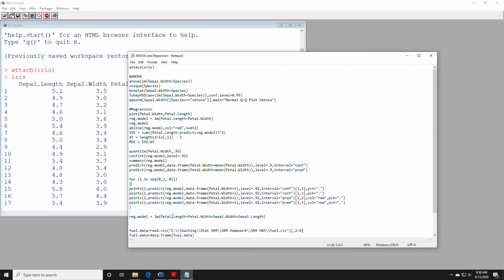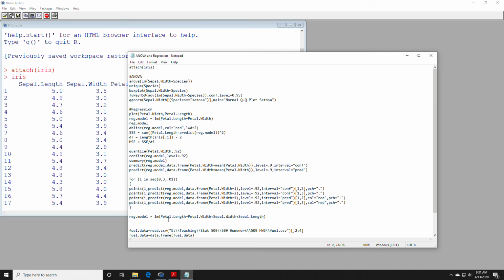So now the goal is still to understand the petal length of a flower, but now not only can we use the petal width, but we can also use the sepal width and the sepal length. We want to use these three variables in order to gain information still about petal length.